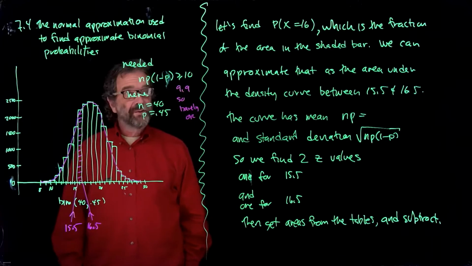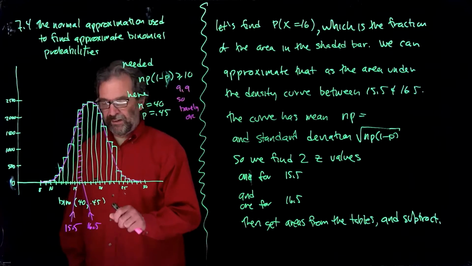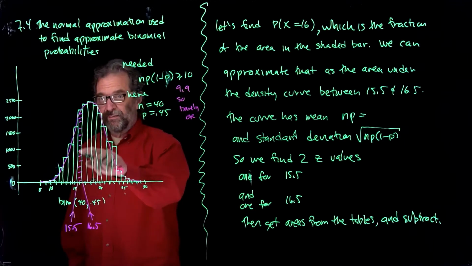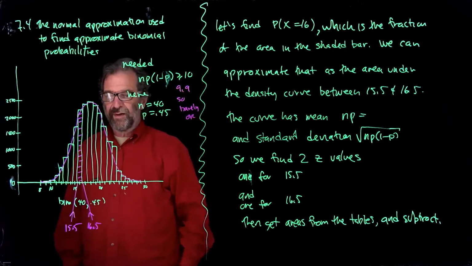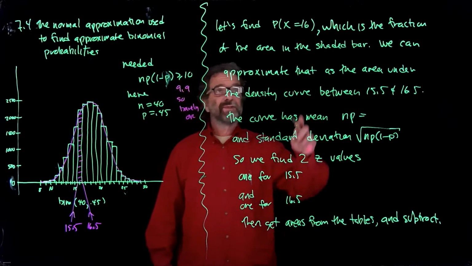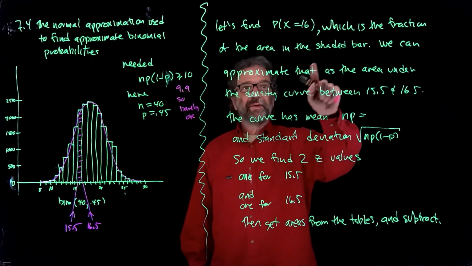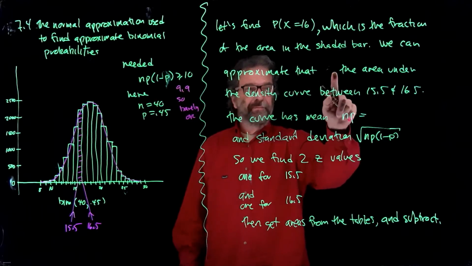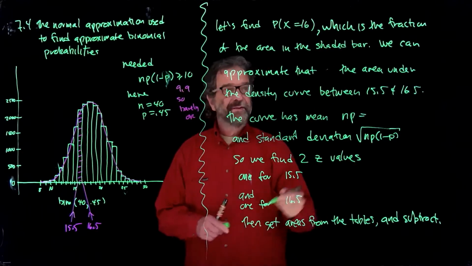Okay. So now we're trying to figure out the probability of 16 happening. That would be the area of this bar compared to the overall area, as a fraction. So let's find the probability that X is 16, which is the fraction of the area in the shaded bar. We can approximate that by the area under the density curve.